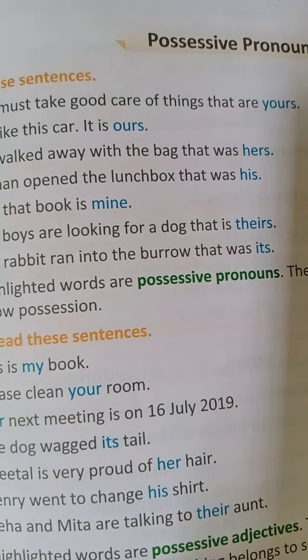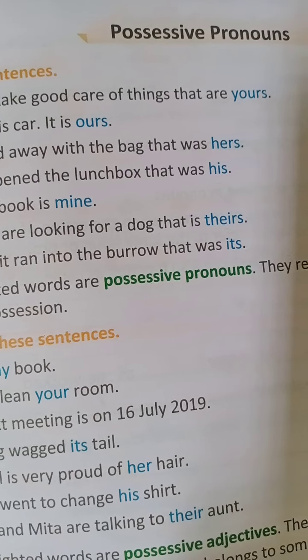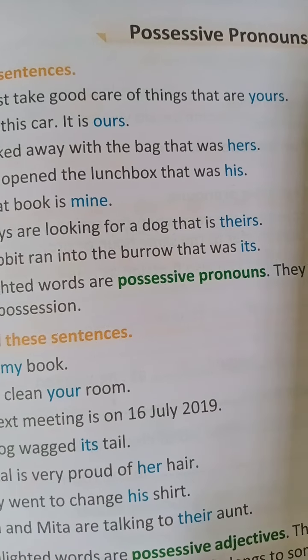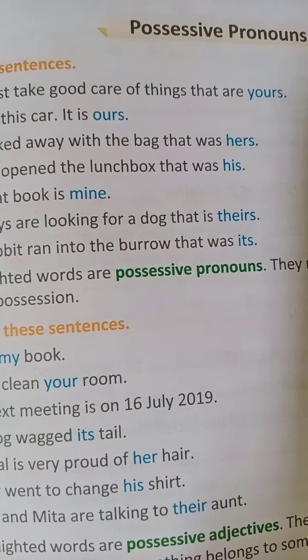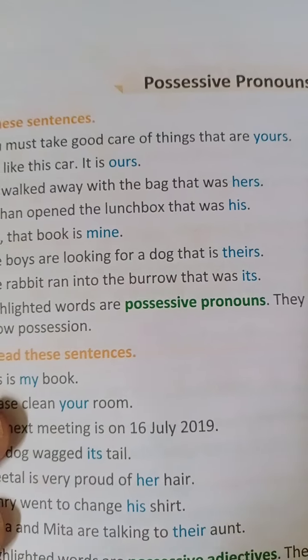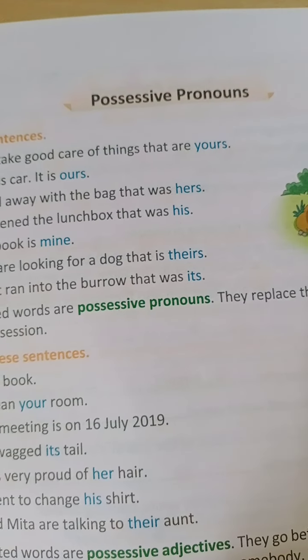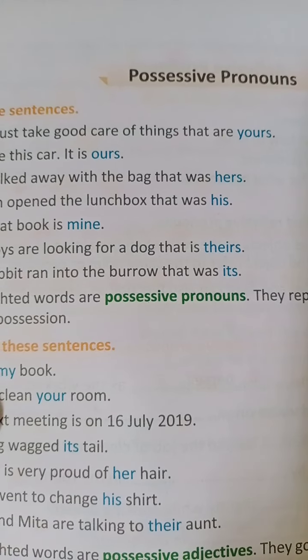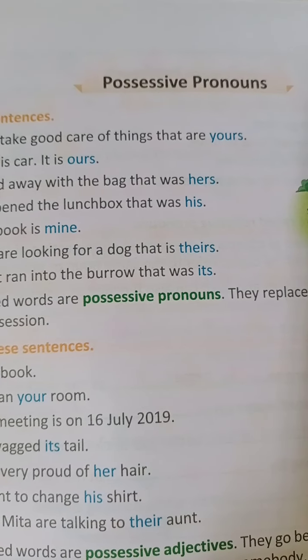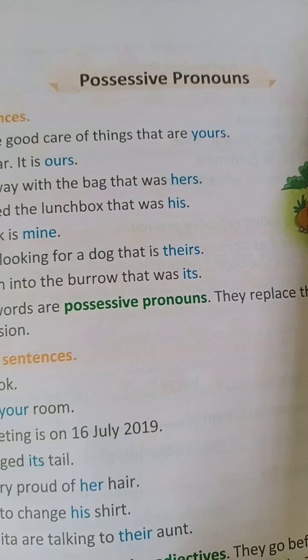We all know what is possessive. That is ownership or belonging. So the word that shows the belonging or the ownership, we call it a possessive pronoun. Like see example, you must take good care of things that are yours. Over here yours is a possessive pronoun because it is showing the possession of the thing. We like this car, it is ours.